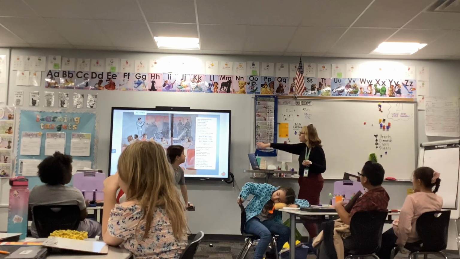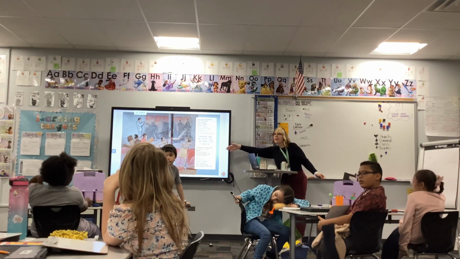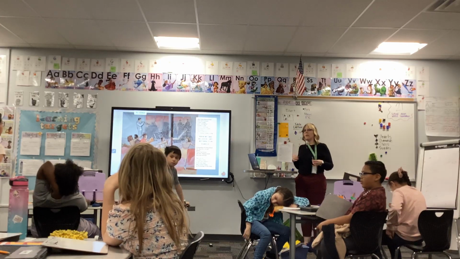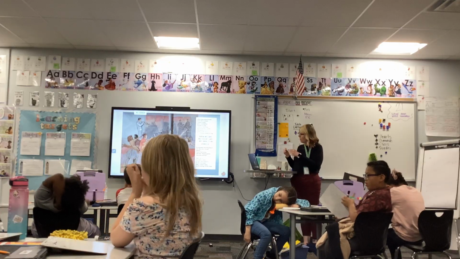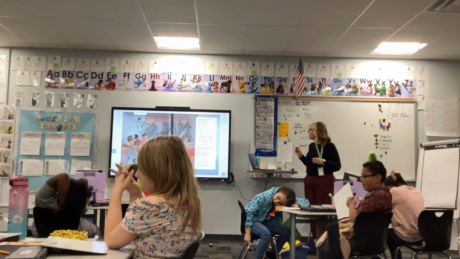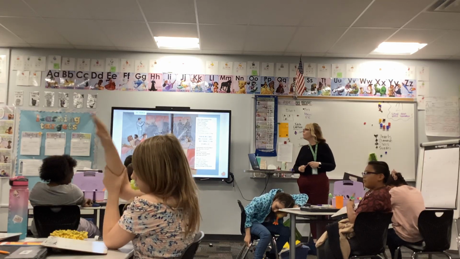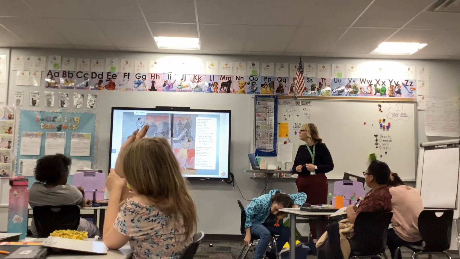Okay, what do you see in this paragraph that I have highlighted yellow for you to look at? What words do you see in there that describe jazz? Jazz is all about jazz. Some things in jazz are that people can hop and dance to it.